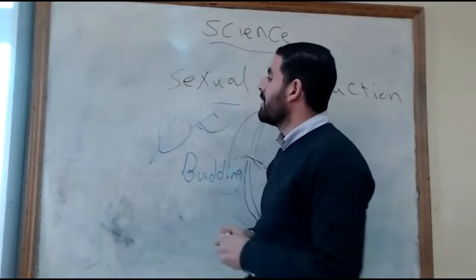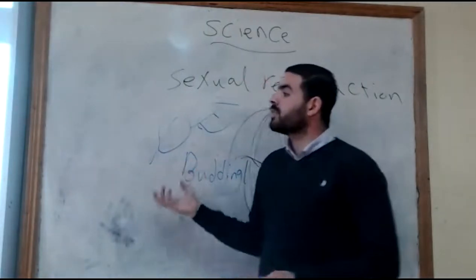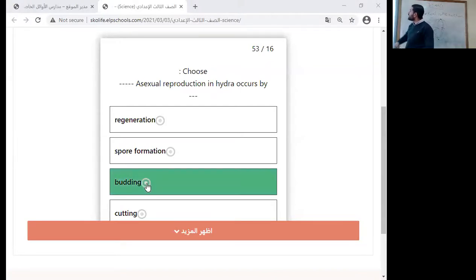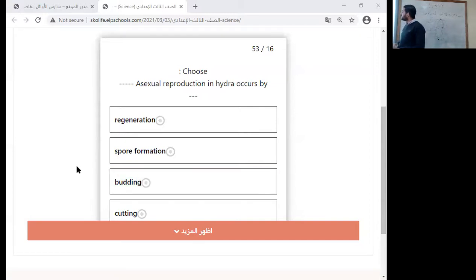And it is a form of asexual reproduction that occurs by mitotic division. So asexual reproduction in Hydra occurs by budding. Regeneration occurs in starfish. Spore formation occurs in some types of fungi. Okay, and cutting occurs in some plants. So the answer is budding.